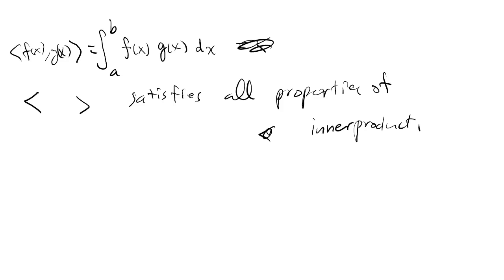And this integral is not just defined for L2, but it's also defined for continuous functions. So in that space also you can think of this as an inner product.